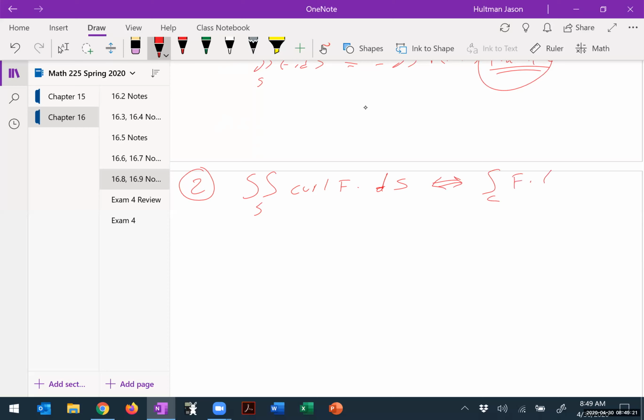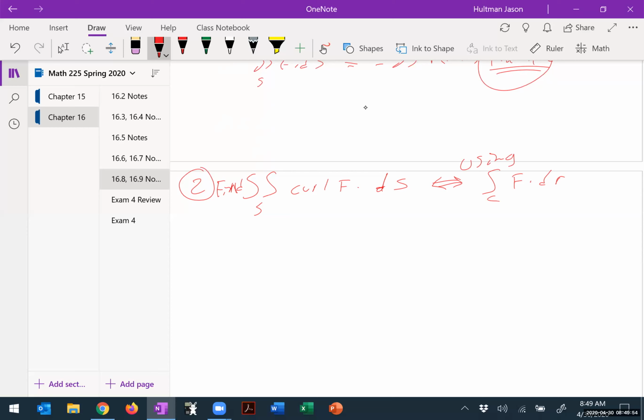They're going to give you information either for the curl of F and the surface, or they're going to give you information about the line integral and want you to get the curl. So in this case, we want to find this curl of F dot dS, but we want to use the line integral.